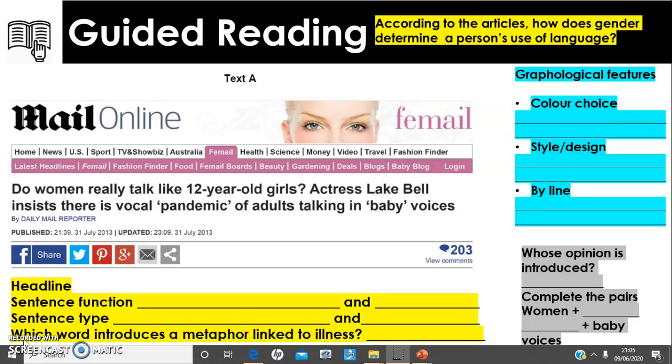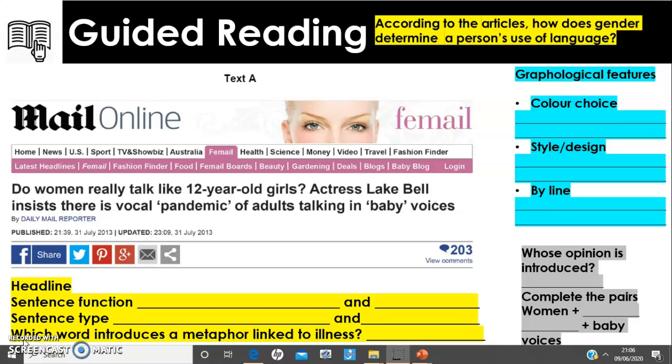Do women really talk like 12-year-old girls? Actress Lake Bell insists there is a vocal pandemic of adults talking in baby voices. By Daily Mail Reporter, published 21:39 on the 31st of July 2013, updated at 23:09 on the 31st of July 2013. Underneath that, you can clearly see a Facebook icon, a share, a Twitter, a Pinterest, Google Plus, email, and then over here we've got 203 views and comments.